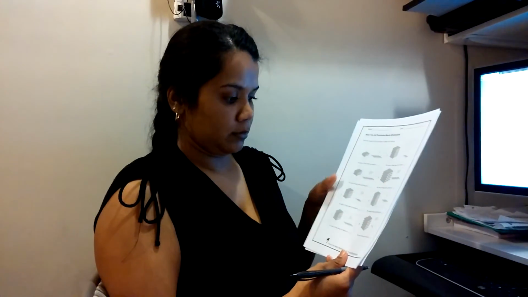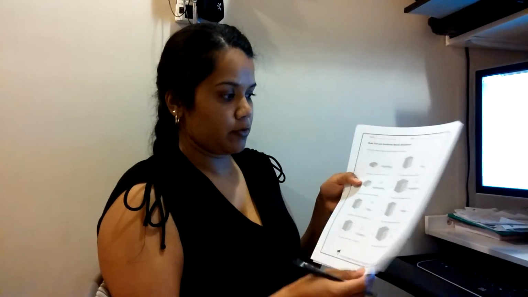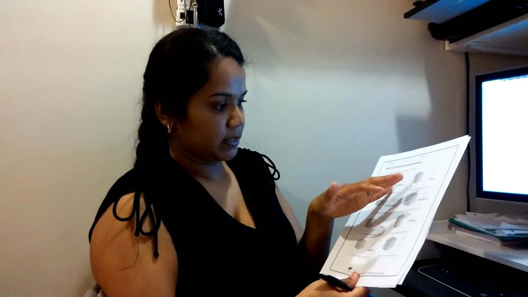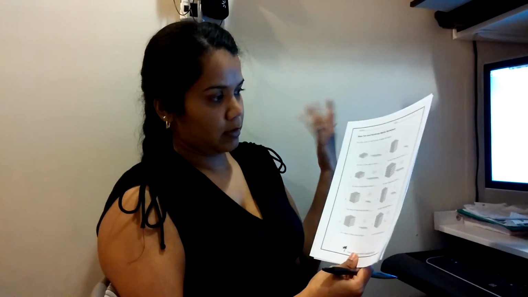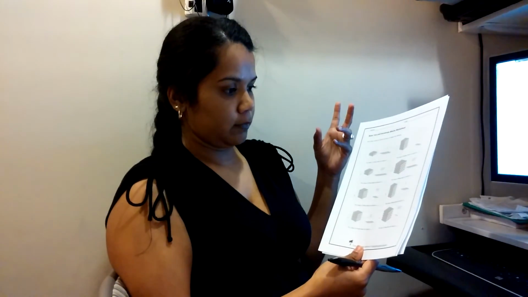So now I'll pass out this worksheet and you'll be working on this on your own. So previously, remember how we said each big block is 100? And then we have the 10s and then we have the 1s? Yeah. So this worksheet is similar to the first one we did.